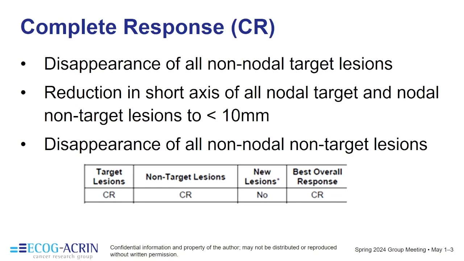Remember, less than 10 millimeters means that it has become non-clinical, subclinical. And then we want to see the disappearance of all non-nodal, non-target lesions. And there should be no new lesions, and we are going to discuss what constitutes a new lesion.